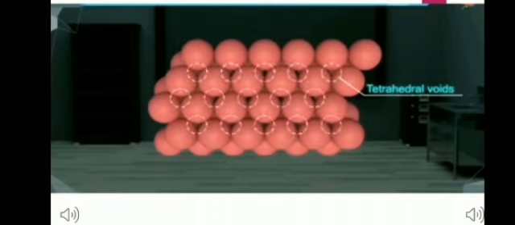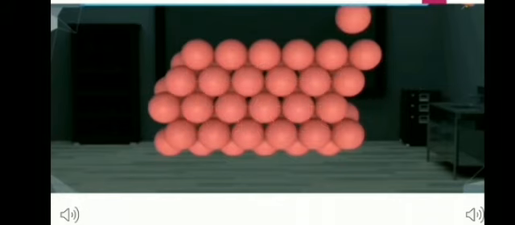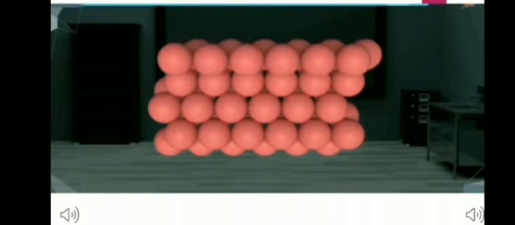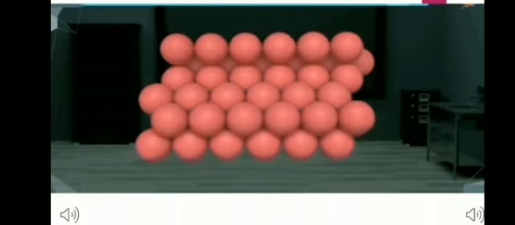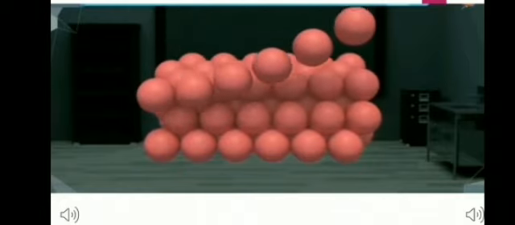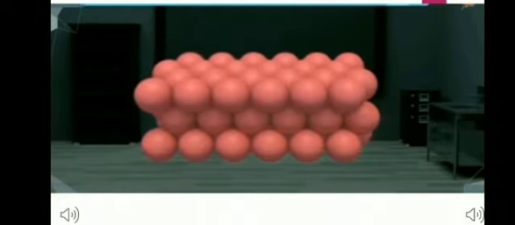By covering tetrahedral voids: the tetrahedral voids of the second layer can be covered by placing the spheres of the third layer over them. On doing so, the spheres of the third layer will be exactly aligned with the first layer.